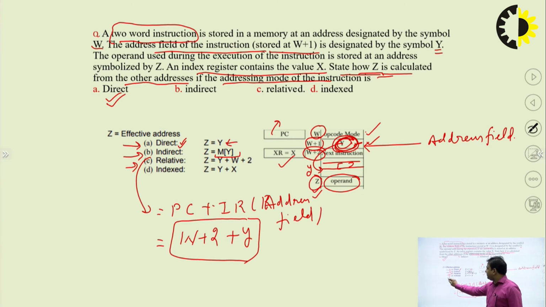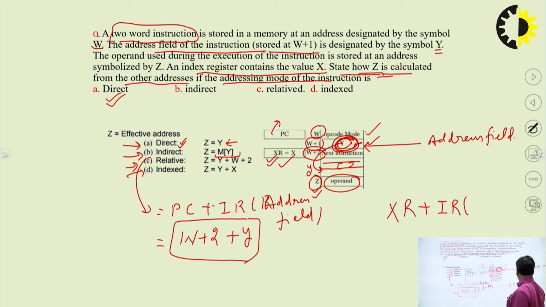Next, what will be the value in case of indexed? Index means an index register is given to you, that is XR, plus the address field of the instruction register.